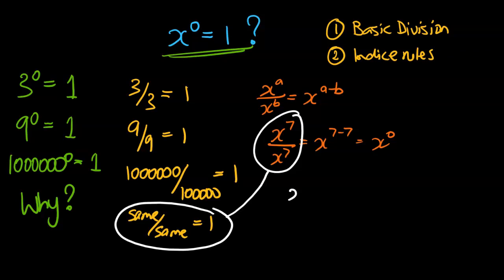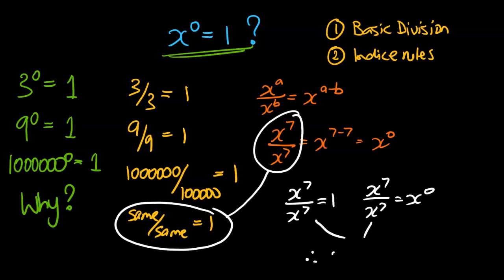So x to the power of 7 divided by x to the power of 7 is equal to 1. We also know that it is equal to x to the power of 0. By that logic, if we merge these together, we can conclude that x to the power of 0, from the right-hand side, is equal to 1, from the left-hand side.